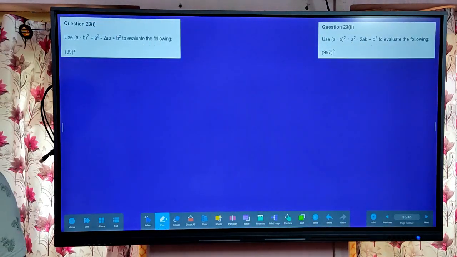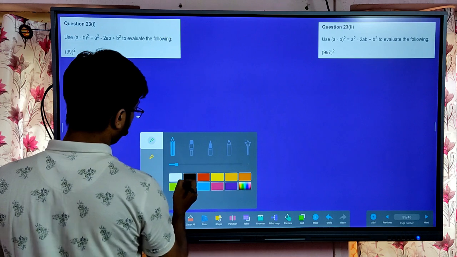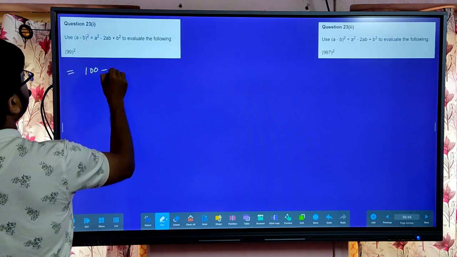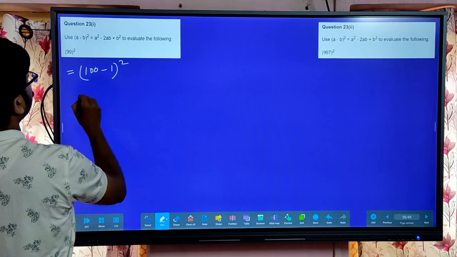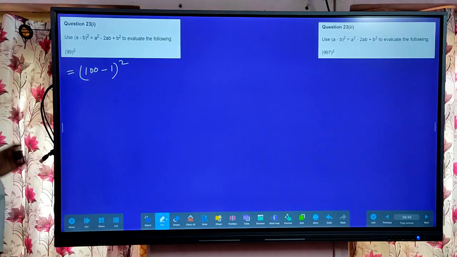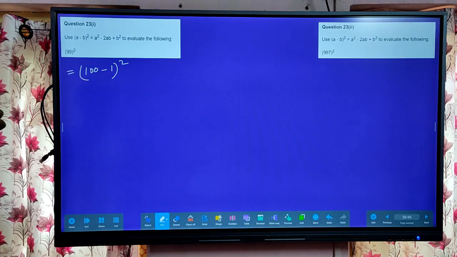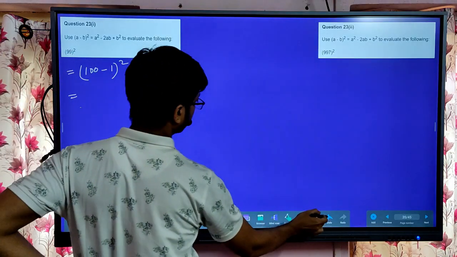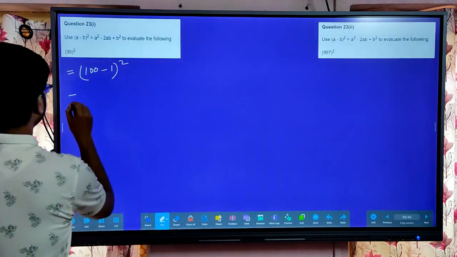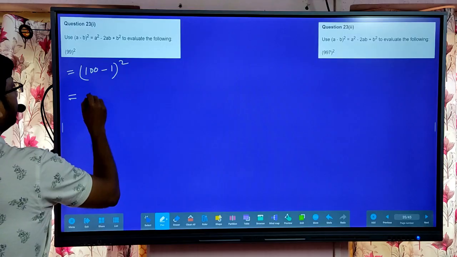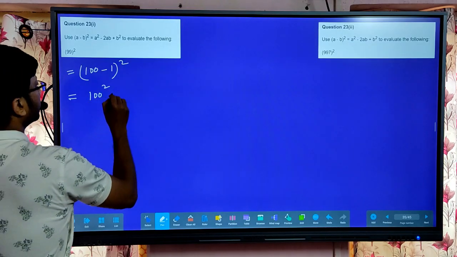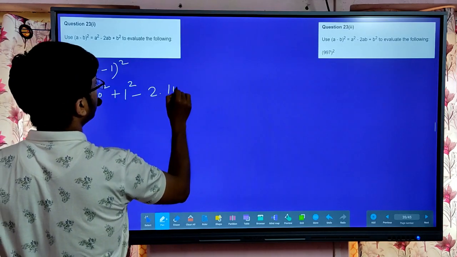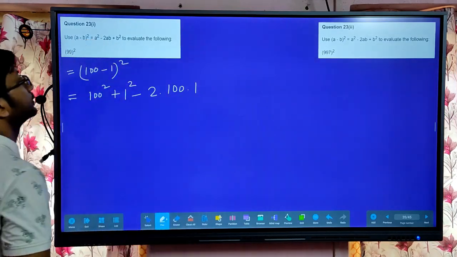99 square. 99 can be written as 100 minus 1 whole square, isn't it? Because they have asked to find using the identity A minus B whole square. So now I can write A square plus B square minus 2 into 100 into 1.